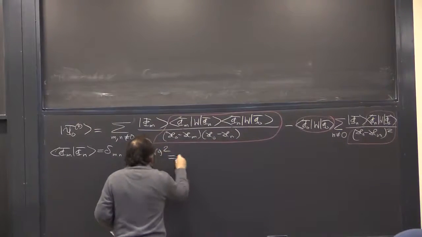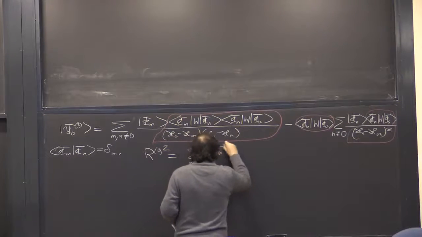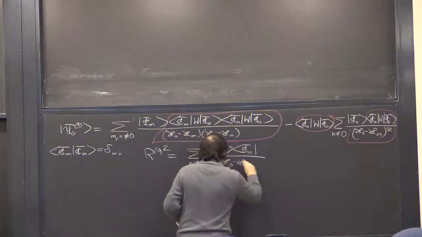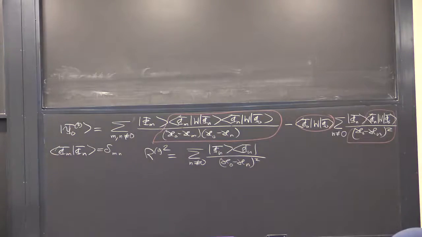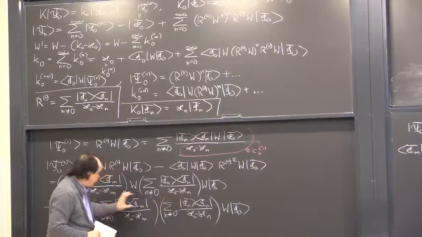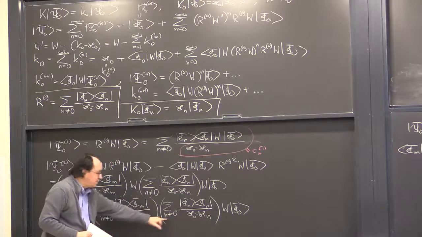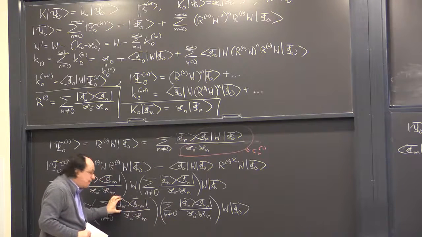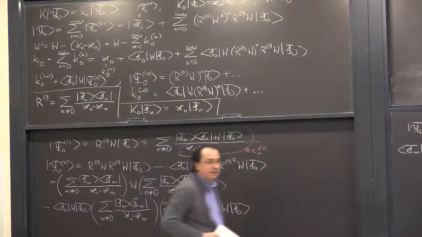The square of the resolvent is simply a sum over n different than 0, phi n divided by the square of the denominator, okay? You see? Is this clear to everybody? You have phi, then the middle part, phi n, which will be a canonical delta. Then we reduce the two summations to a single one. So all you will have to do is to pick up the ket and bra, and divide by the square of the denominator. And that's what I did.